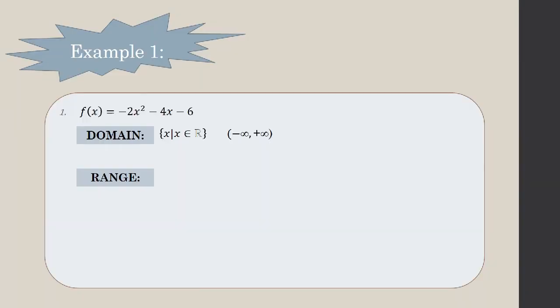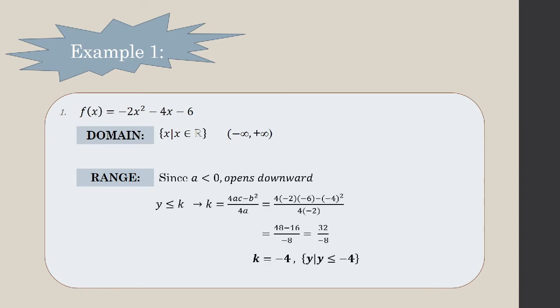Now let's find the domain and range of the same given functions. Let's have the first function. Here the domain is x such that x is an element of all real numbers, or in interval form, from negative infinity to positive infinity. Now for the range, it is y such that y is less than or equal to negative 4.